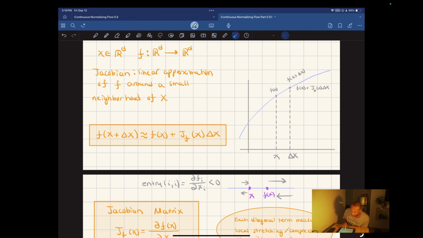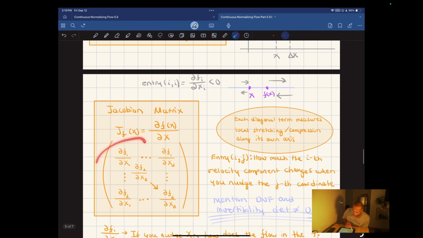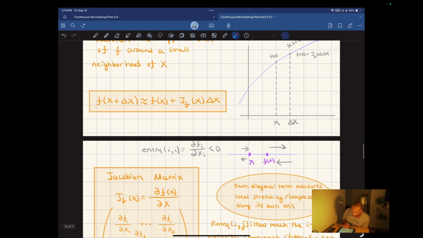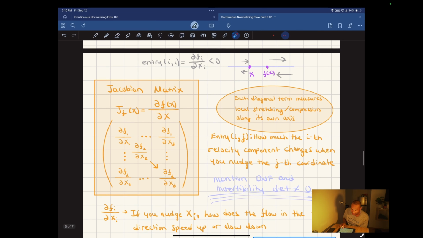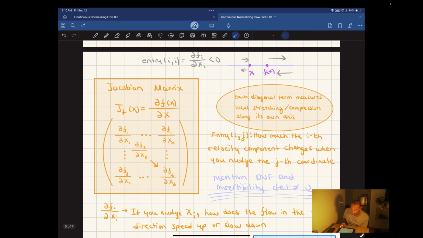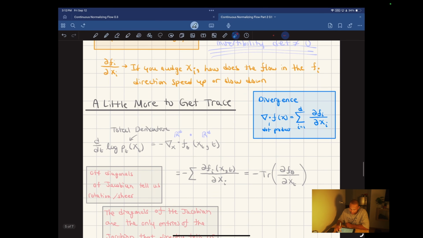That means the values of our Jacobian matrix must somehow capture the behavior of f in a small neighborhood. And it does. We've basically shown geometrically that the entries of the Jacobian show how much the ith velocity component changes when you nudge the jth coordinate. This is our total derivative.